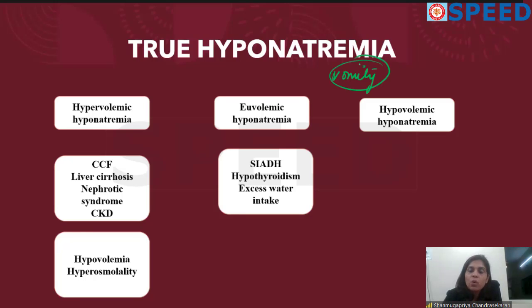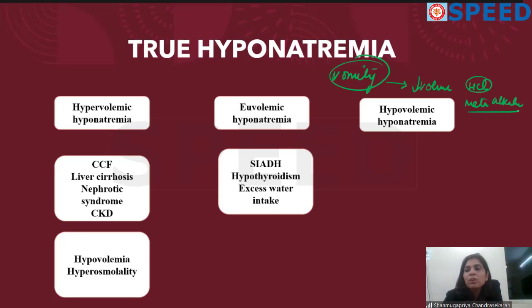So why does vomiting cause hyponatremia? One is volume: there is a decrease in the intravascular volume. That's one cause. The other cause is that HCl is lost, and when HCl is lost, it causes metabolic alkalosis.